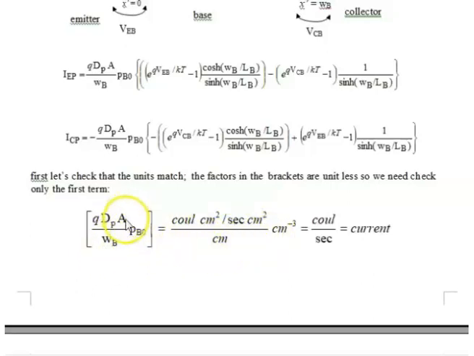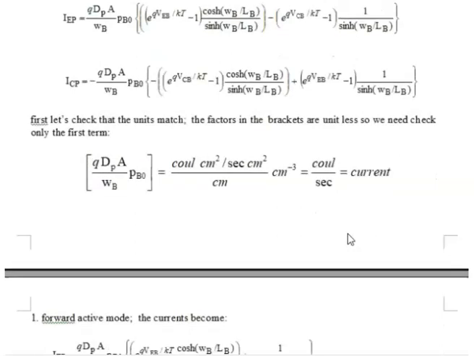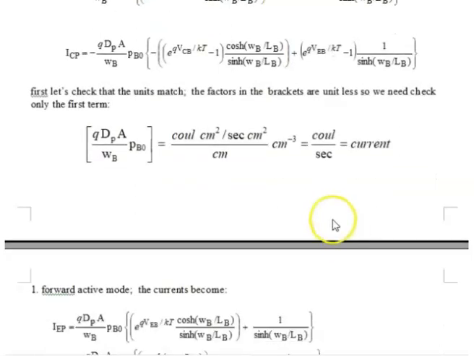And the units of excess carrier concentration are centimeters to the minus 3. So we have centimeters to the fourth on top divided by centimeters to the fourth on the bottom. Centimeters cancel out, and we're left with coulombs per second, which are the units of current. So indeed, the units do conform, and the right side is current as well as the left side.